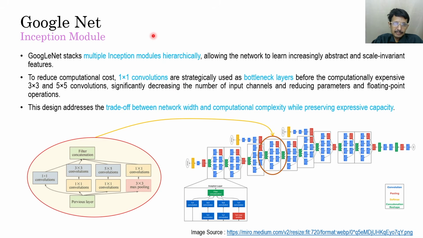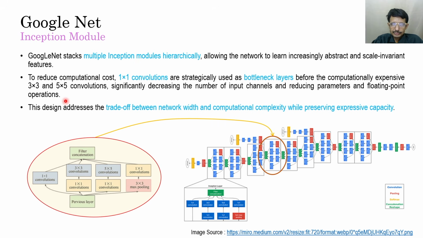So this concept is basically used by GoogleNet. GoogleNet stacks multiple inception modules hierarchically, allowing the network to learn increasingly abstract and scalable features, as we have discussed before. To reduce the computational cost, 1 cross 1 convolutions are strategically used as a bottleneck layer before the computationally expensive 3 cross 3 and 5 cross 5 convolutions, significantly decreasing the number of input channels and reducing the parameters.